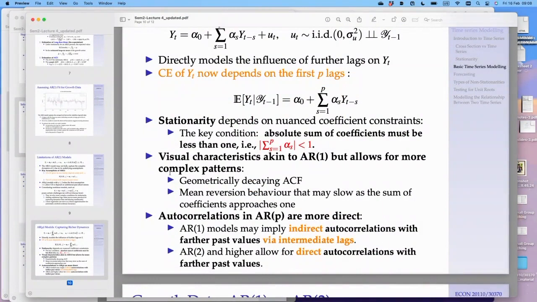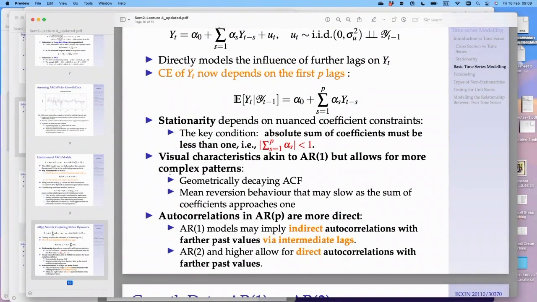We do not require each of the individual coefficients to be smaller than 1 in absolute value, okay? The requirement is that all of them, when we take the sum, have an absolute value smaller than 1. So this is the condition behind the stationarity for higher order AR models, okay?